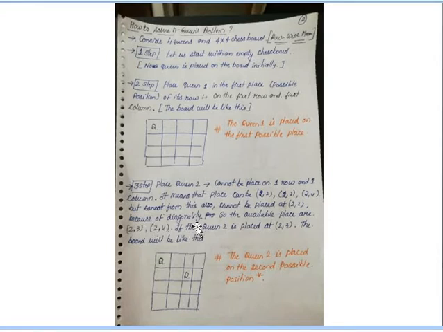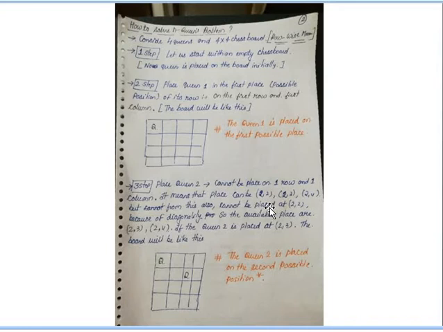In the third step we are going to place queen 2. As it is a 4 queens problem, 4 queens need to be placed on the board such that no 2 queens are in the same row, same column, or diagonal. The second queen cannot be placed in the first row, first column.